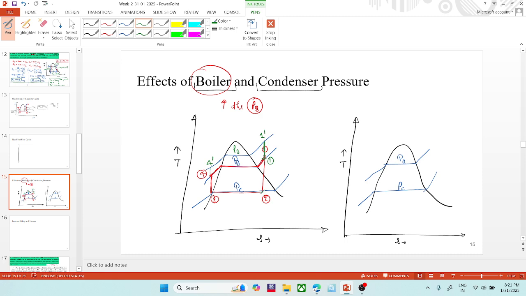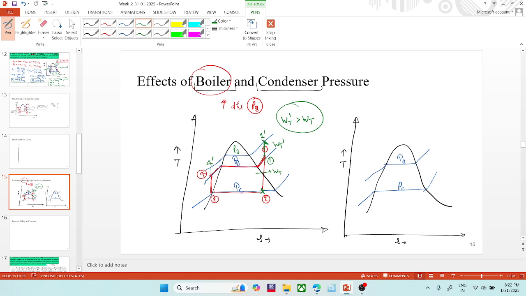So earlier we were getting the turbine work like this, and now we are getting the turbine work from here to here, WT dash. So clearly we can see the height of this 1 dash to 2 is higher than 1 to 2, so that WT dash is greater than WT.